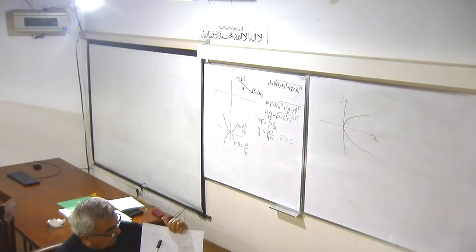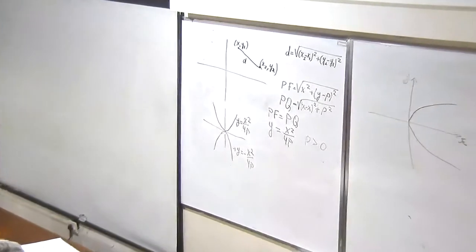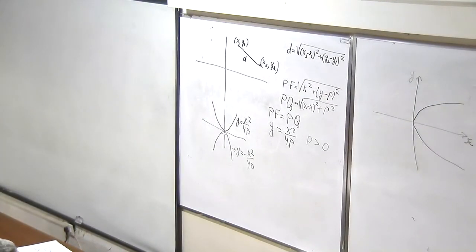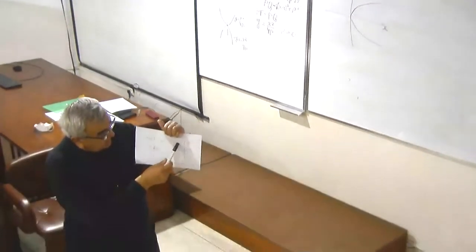If you take any point here and take the distance to the directrix and the distance to the focus, they should be equal to each other. After equating this distance, you receive this curve, whose equation will be y squared equal to 4px.